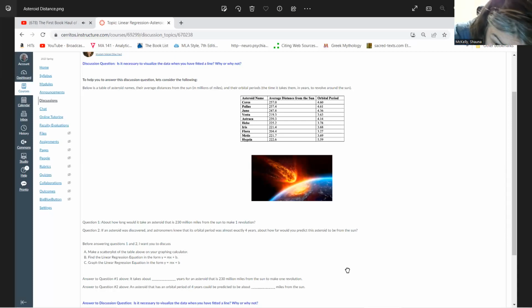And question 2, if an asteroid was discovered and astronomers knew its orbital period was almost exactly 4 years, what would you expect to be its distance from the sun?